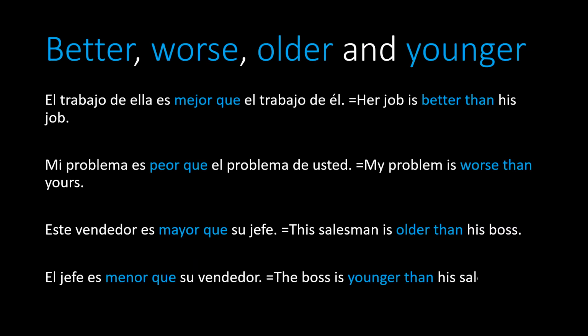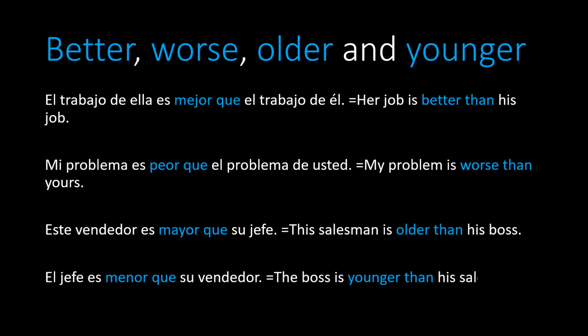This is a very important slide because in this example, we're not going to see más or menos. We're comparing things as being better, worse, older, and younger. The words for better, worse, older, and younger are special words. Let's take a look at the examples. To see the first one, you're going to find the word better in it. El trabajo de ella es mejor que el trabajo de él. Mejor is your word for better.